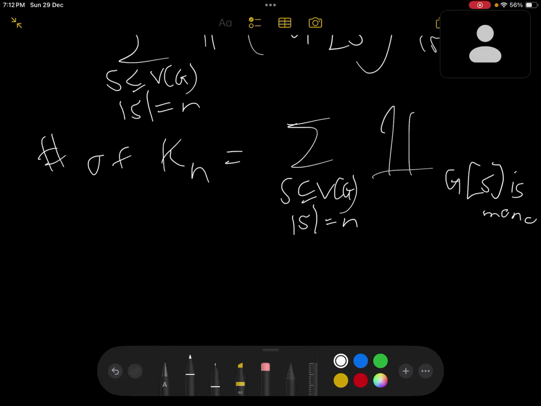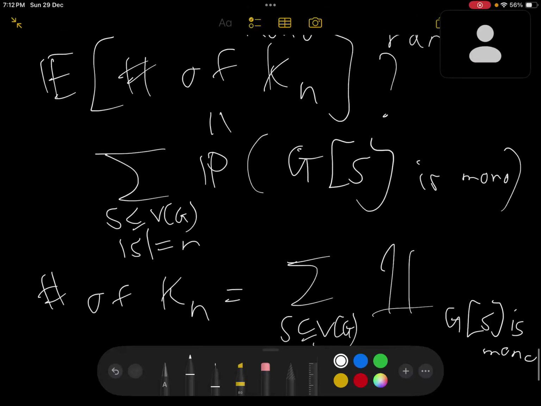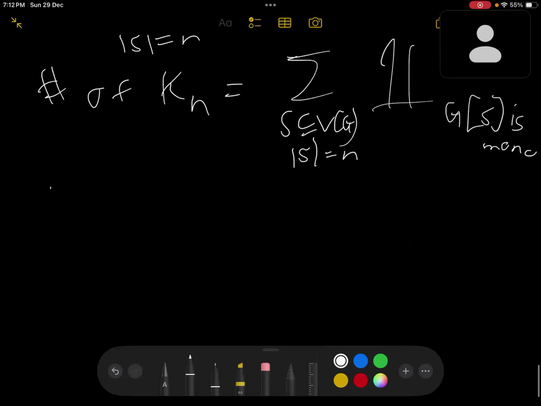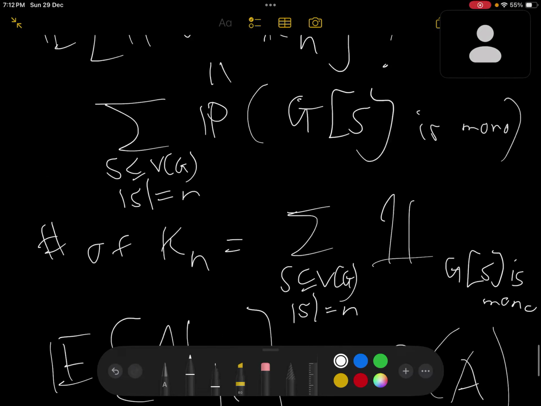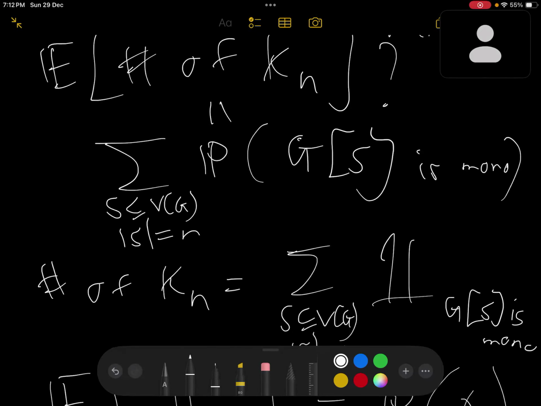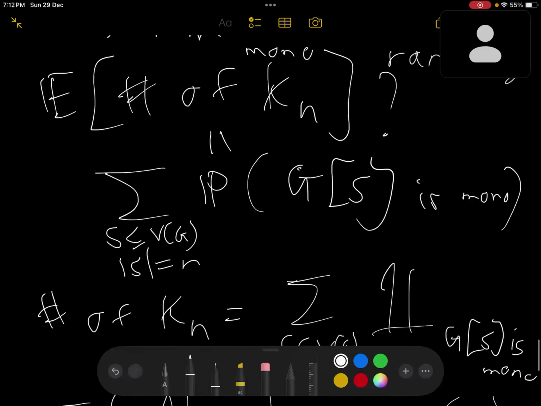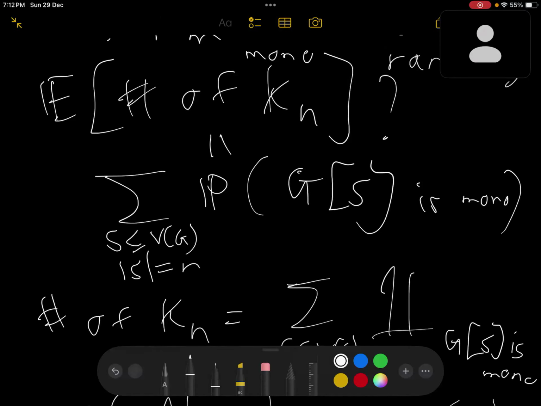And on this expression, we are using linearity of expectation. That's how we can expand this expectation as a sum of probabilities, because the expectation of the indicator of an event A is just the probability of A. Is this part clear? Yes. So we're just expanding the expectation.